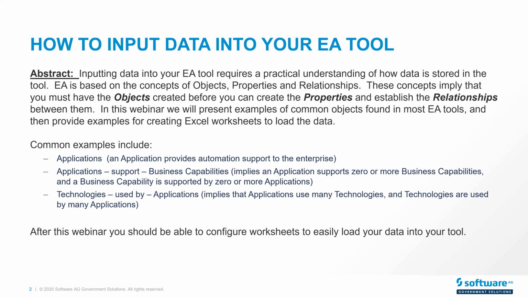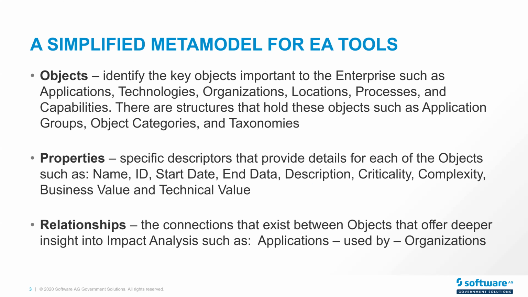But after this webinar, you should have a better ability to plan and collect and format your data for loading into your EA tool. In this simplified metamodel, one of the things that I've learned over the years, just to simplify it and understand the basics, is that EA is all about the objects that appear in the repository.